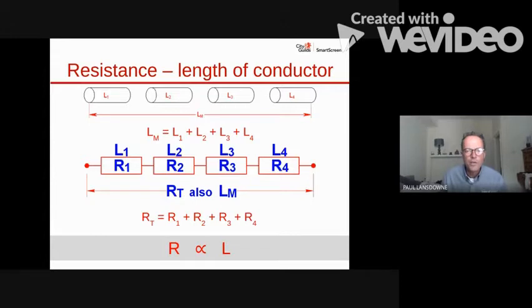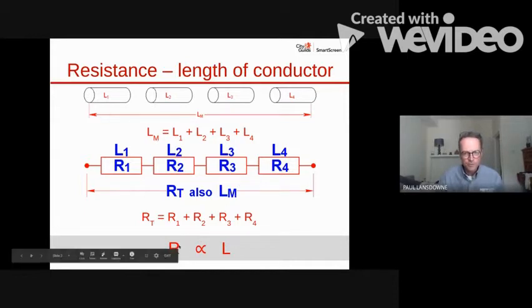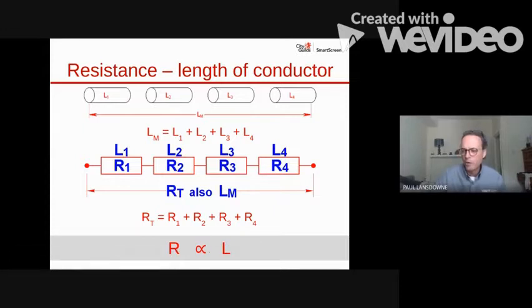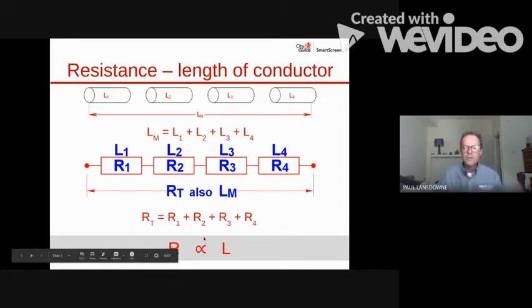If you add all those resistances together, you get the total resistance of the cable. What this little sign at the bottom means is that resistance is proportional to the length of the cable.